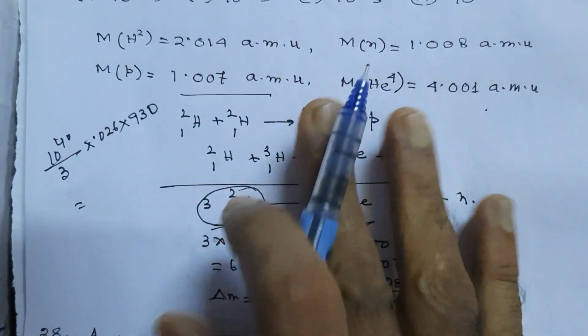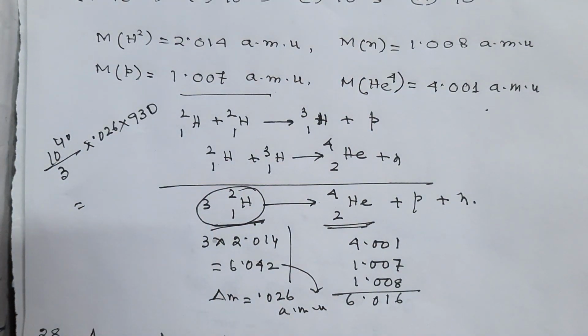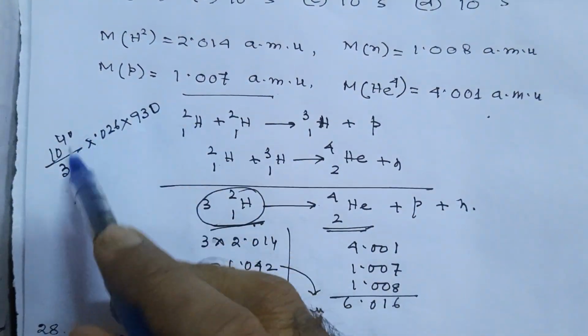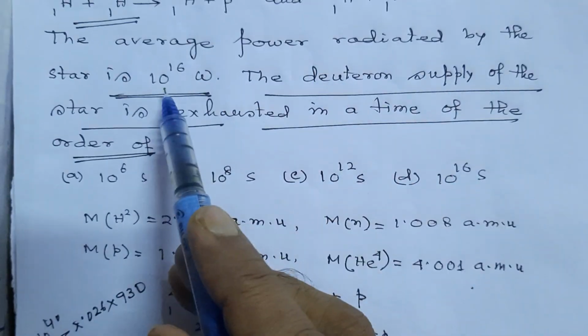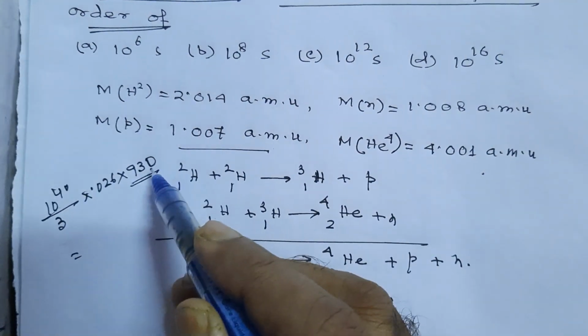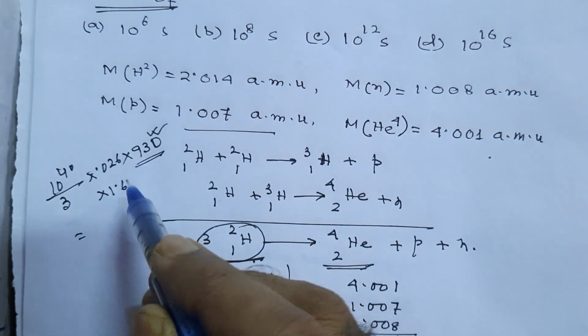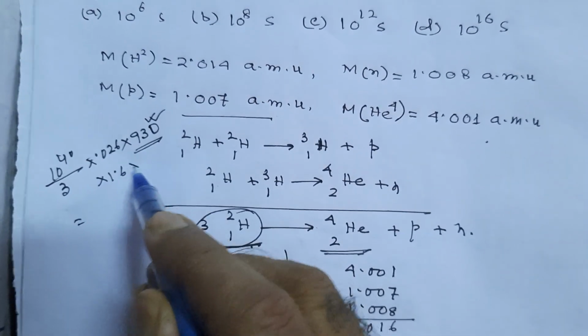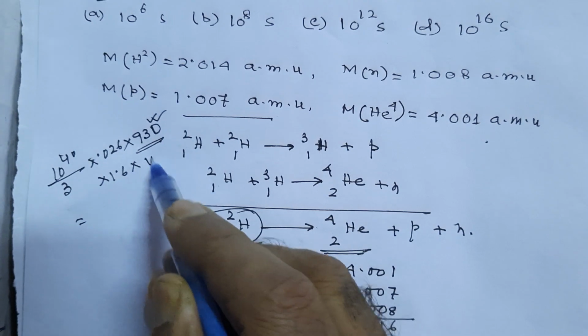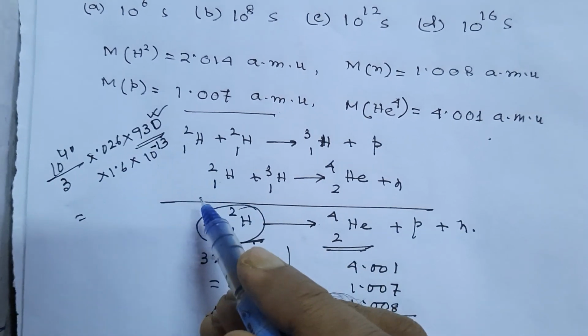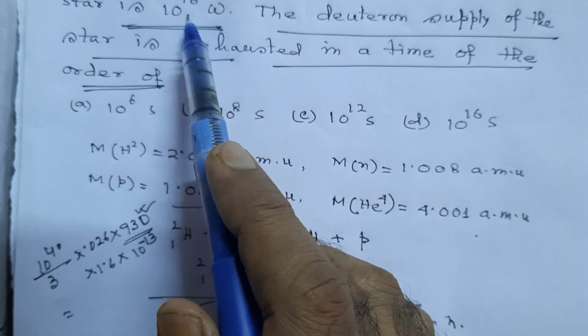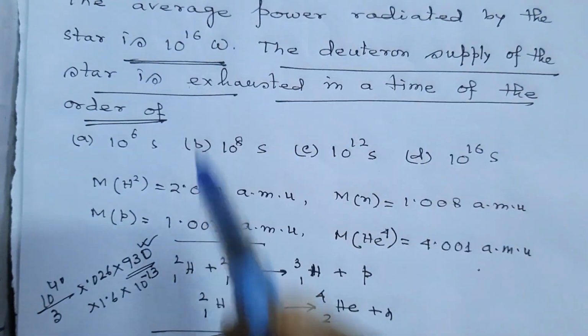For making the calculation easy, we are taking 930 instead of 931. So this is the energy liberated. And how much power is radiated? 10 to the power 16 watt, that is 10 to the power 16 joule per second. Now we have calculated this energy in MeV. So when we are converting it into joule, it should be multiplied by 1.6 into 10 to the power minus 13. And how many seconds? 10 to the power 16 joule per second energy is radiated.